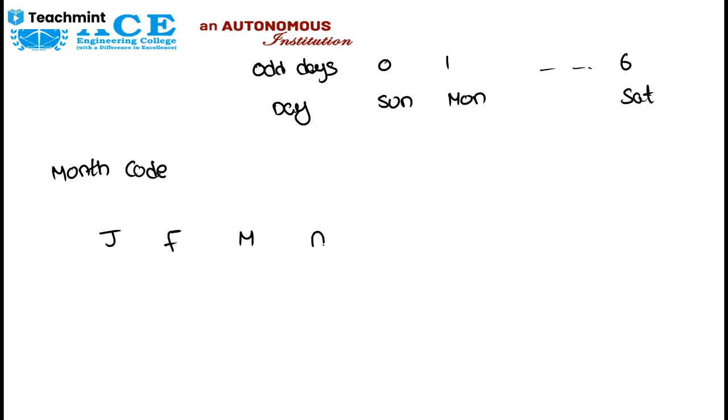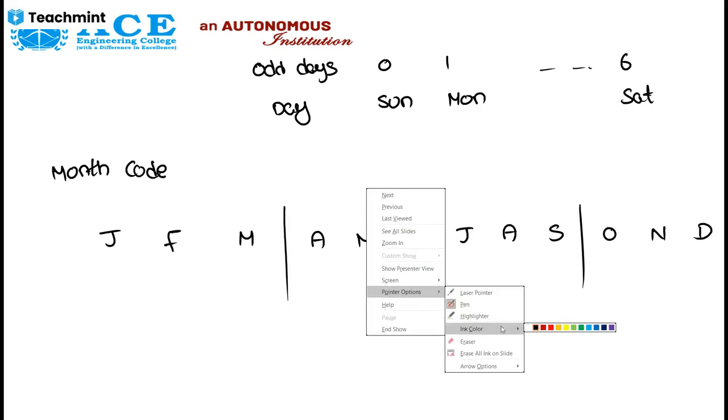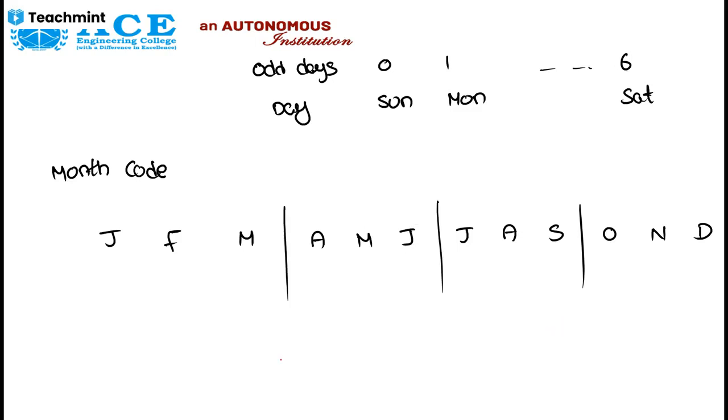April, May, June is the next group, then July, August, September, then October, November, December. Now, how to remember the code is very simple: 12 square, 5 square, 6 square, 12 square, 5 square, 6 square, 12 square, and then two codes after.